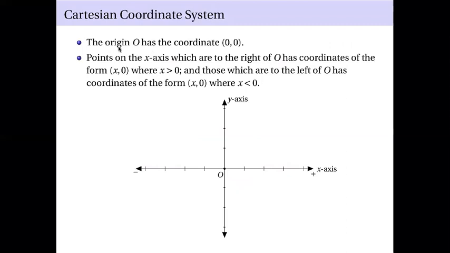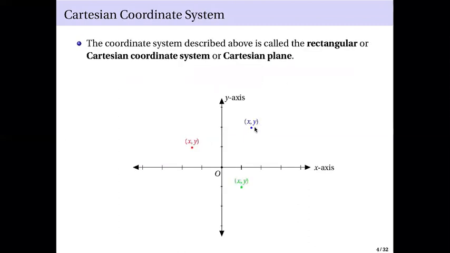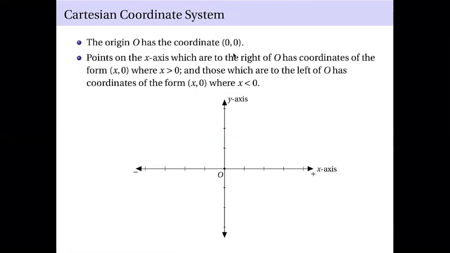The origin has coordinates 0, 0. You see how we labeled our points here: we have x comma y. This means that the x coordinate is 0, and the y coordinate is also 0.